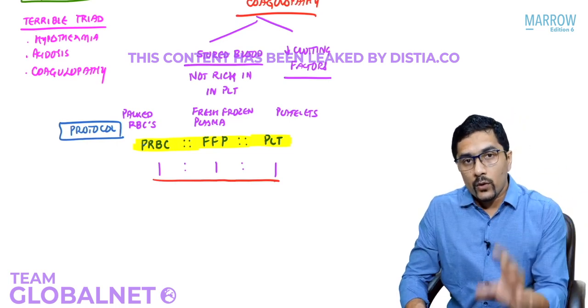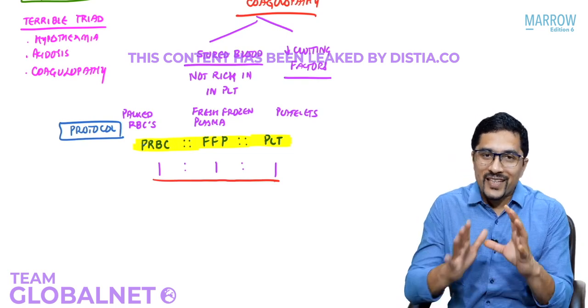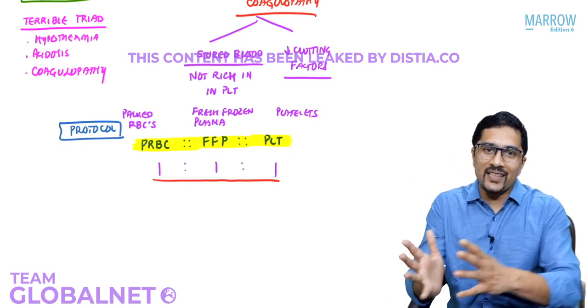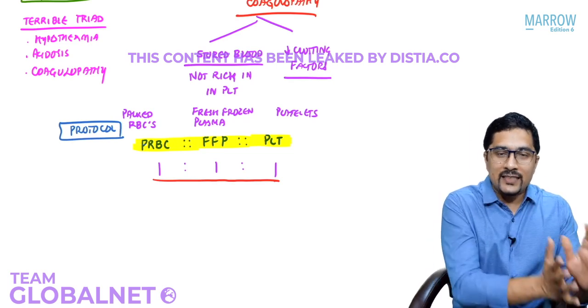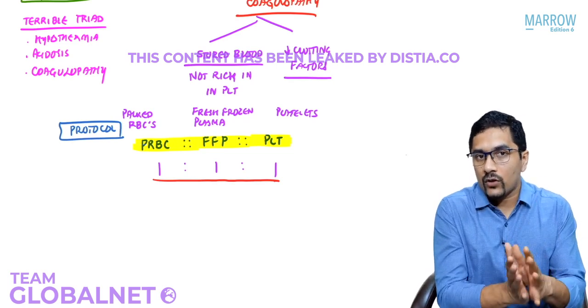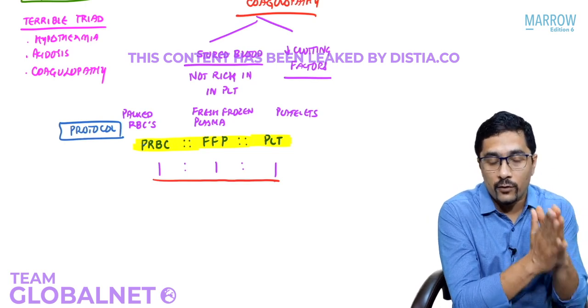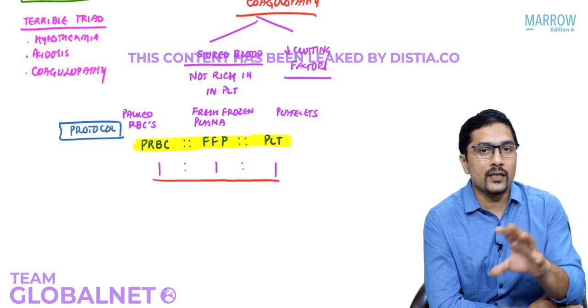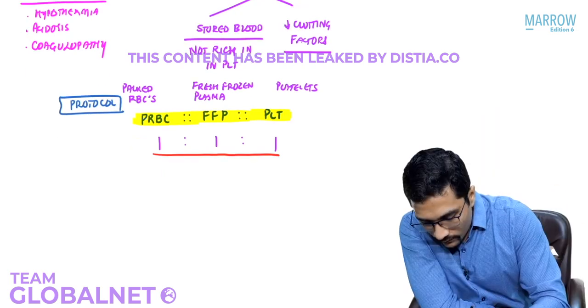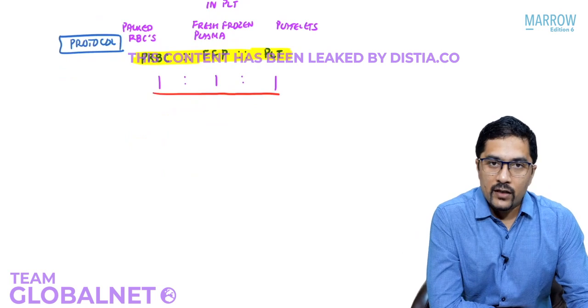The reason why I don't want to tell you the values here is because we compared and the values in Bailey and the values in Robbins are different. And for blood banking, there is a standard book. So Dr. Illa has covered values from that standard book. So I want you to remember those values rather than the ones which are mentioned in Bailey. So this is how we prevent coagulopathy.